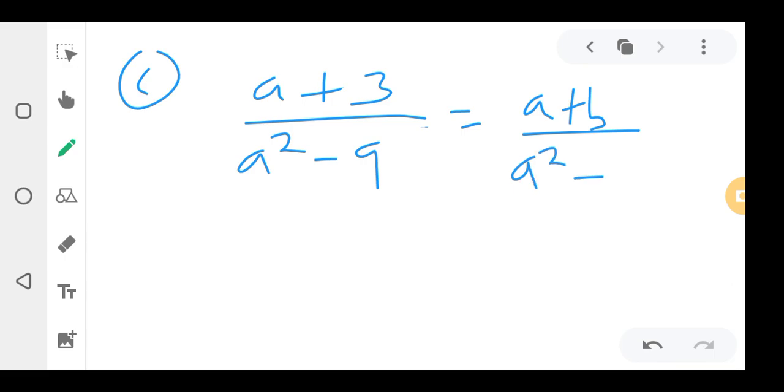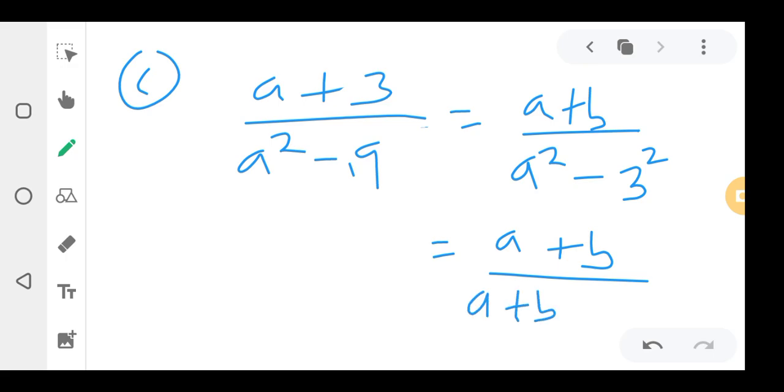What is 9 as a perfect square? You first take the square root of 9, it is 3, and then you square it like this. Then it will be equal to a plus 3 over, and then this one has a difference of two squares, so a plus 3, open, closed, a minus 3, closed.